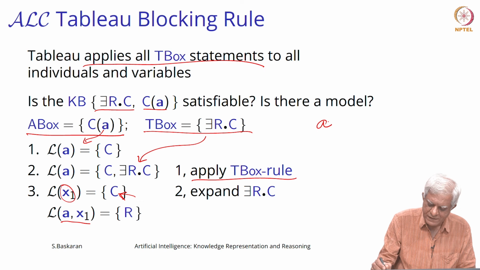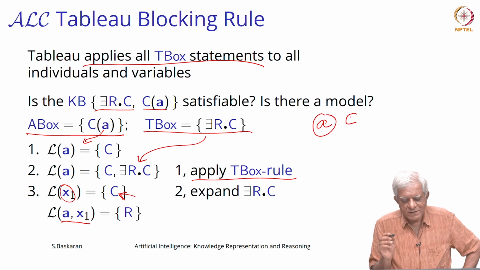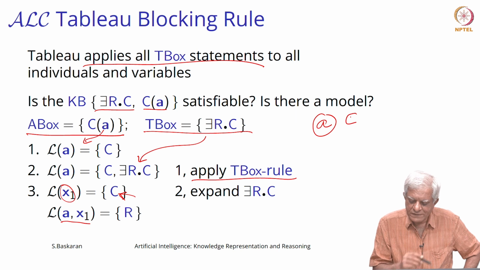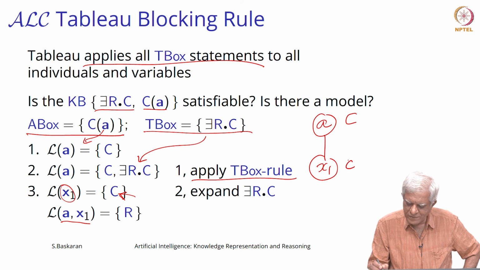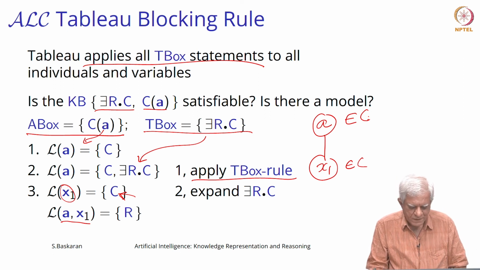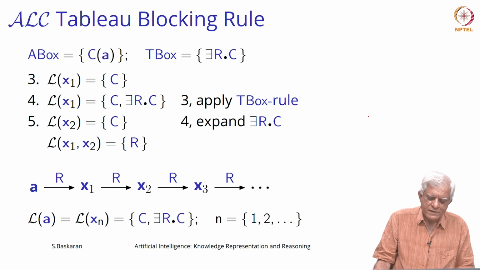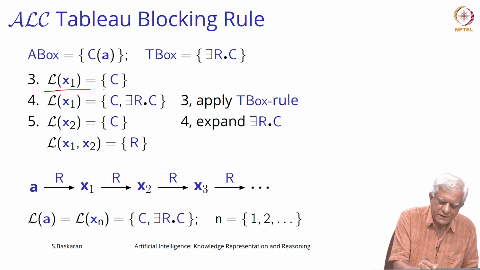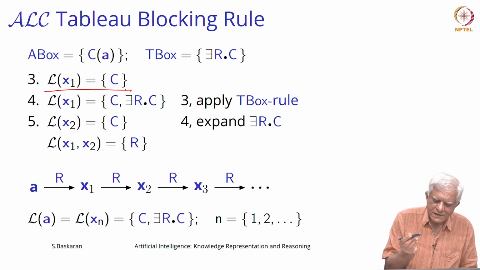So, we started with A belonging to C, but that does not matter. We also want to say that there exists a role filler of the class C. So, we create this x1 and we say this also belongs to the class C. Now we have this statement that there is this x1 which belongs to the class C. Now, again we have to apply the T box rule, because that is what the method says.